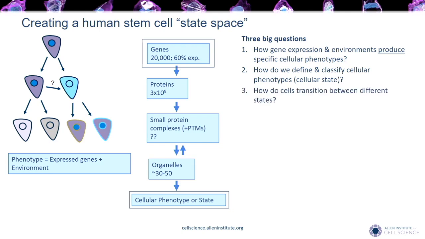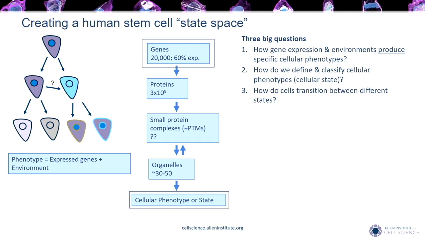The third big question is how do cells transition between different states? So that would be thinking about all the genetic material that is transferred from one cell to another, knowing that all cells come from cells, and also thinking about any epigenetic memories or post-translational modifications that can be transferred to the next cell.